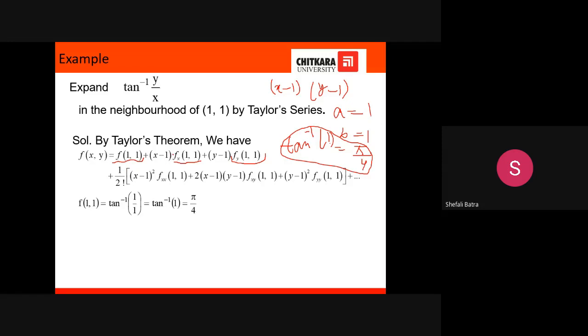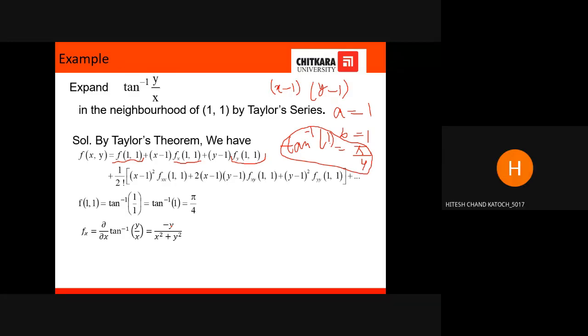Done. Next, you need partial derivative of tan inverse y by x with respect to x. So we are differentiating it and you'll be getting y upon x square plus y square with negative sign. Now check it. Is it right? Those who have done it? Yes, ma'am.